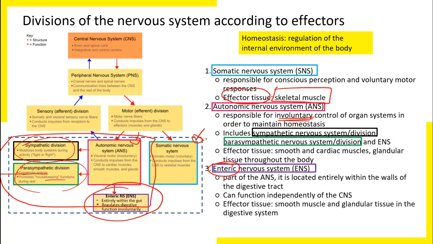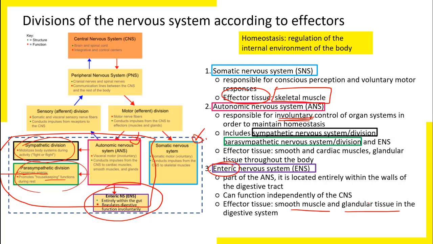If you were to take a piece of stomach, a piece of small intestine, a piece of large intestine out, it can actually function on its own without any input from the central nervous system. The effector tissue of the enteric nervous system is the smooth muscle and the glandular tissue within the digestive tract. So this is another way of dividing the nervous system.